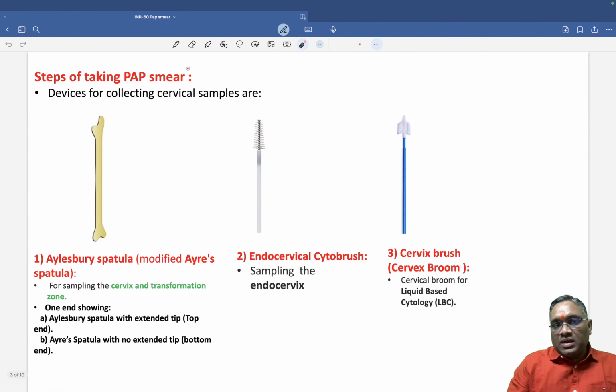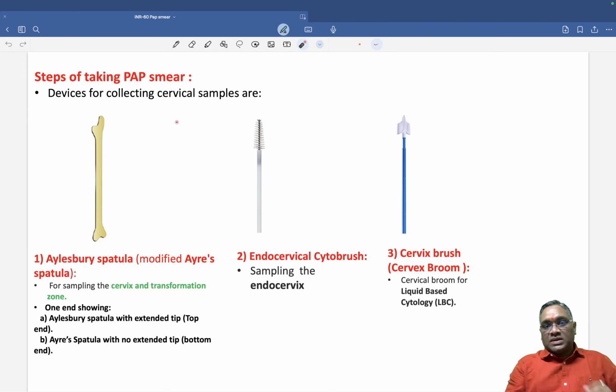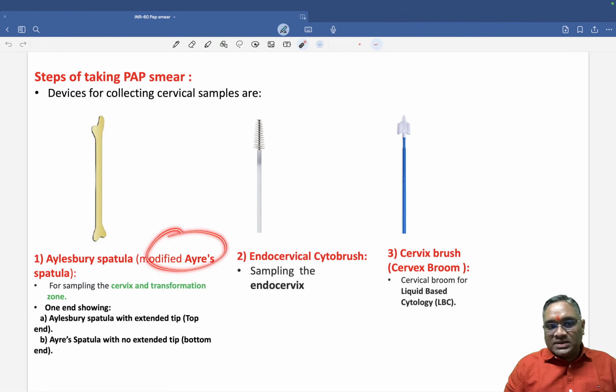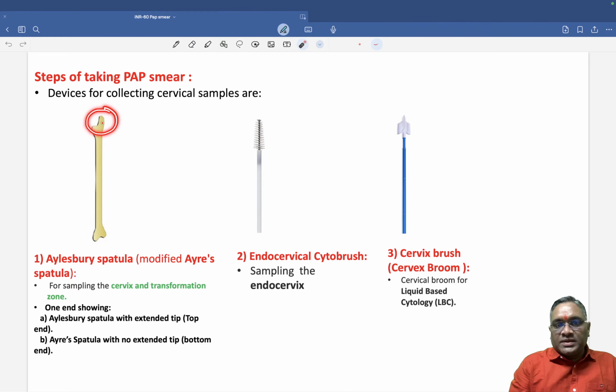Now we will see the steps of taking a pap smear. First we should understand the devices for collecting cervical samples. As I said, Aylesbury spatula is the modified Ayers spatula. Why do we say it is modified Ayers spatula? Because you can see the top end has an extension.